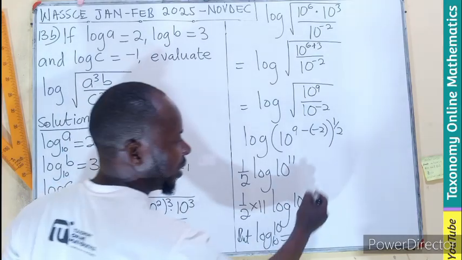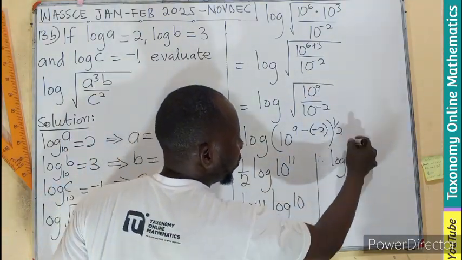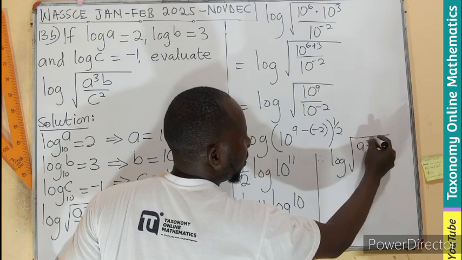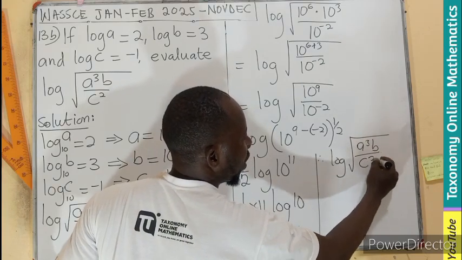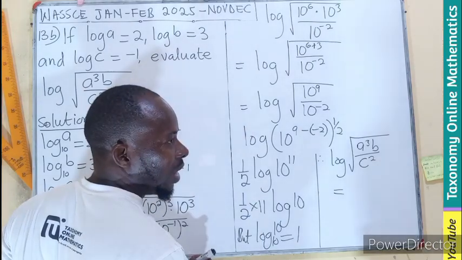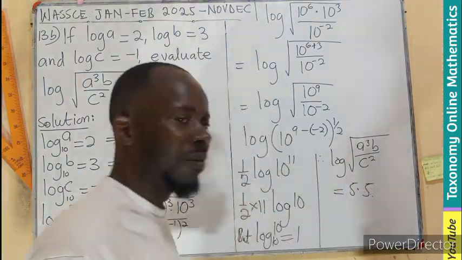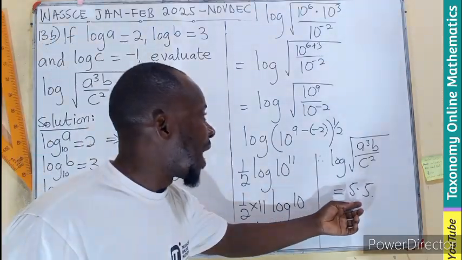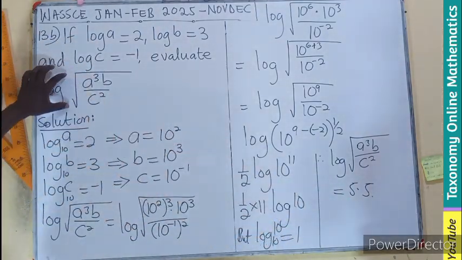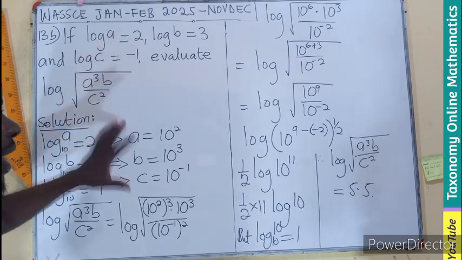Since the power is there, therefore the log of the root of a to the power 3b over c squared will equal half of 11, that will be 5.5. So this will be the answer if you were to evaluate this, replacing the values of a, b, c in this.